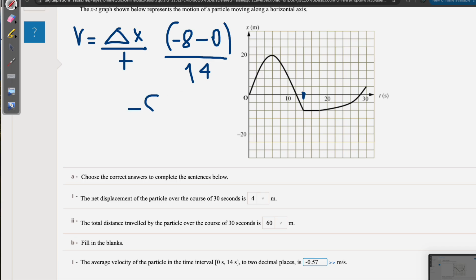So negative 8 over 14. Let me just put it on the calculator. Negative 8 divided by 14 is negative 0.57.